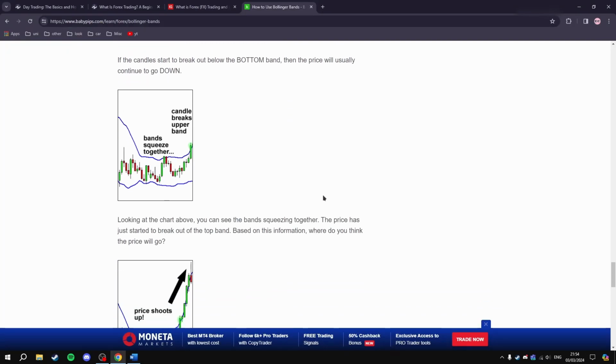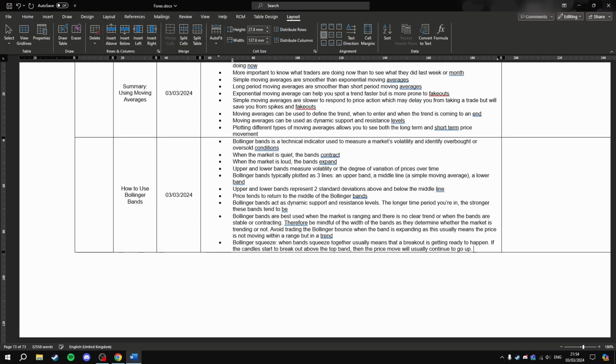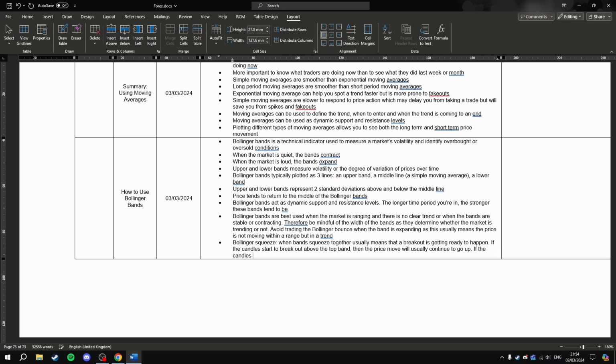If the candles start to break out below the bottom band, then the price move will usually continue to go down.